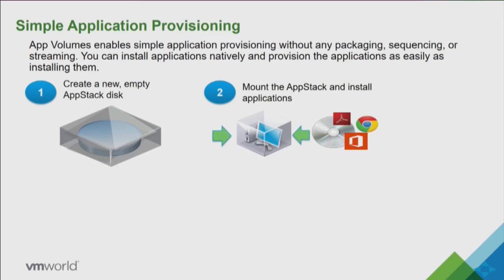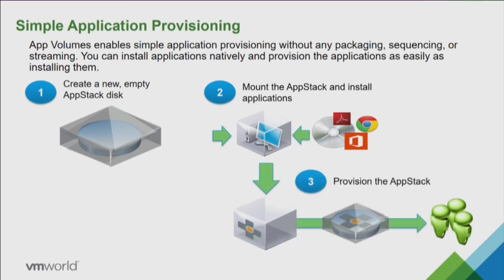It connects that VM to that new blank disk, and then you install the applications just like you normally would. Once that's done, in the App Volumes Manager, you say this app stack is ready to deploy, and the App Volumes Manager disconnects it from that VM, and now you can deploy it to whatever users in your organization. You can deploy it based on AD groups. You can deploy it based on organizational units.